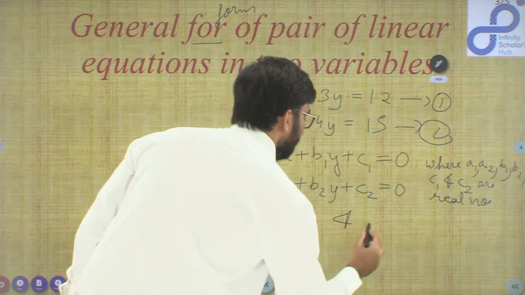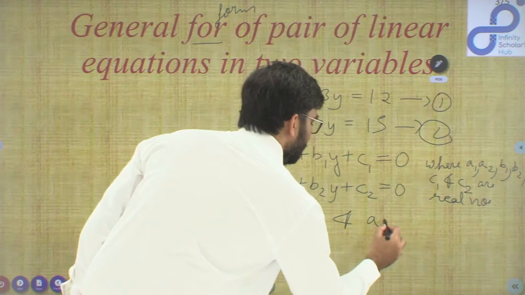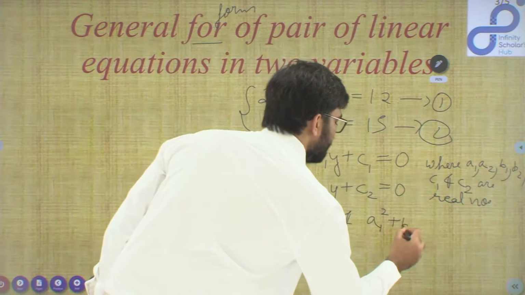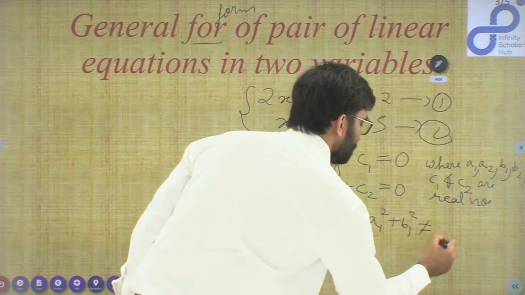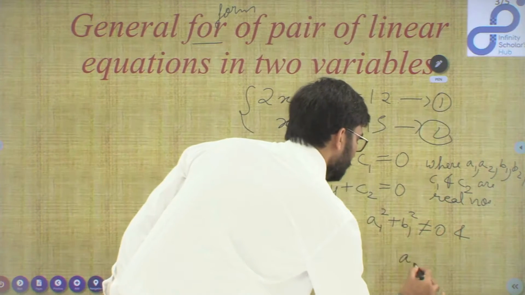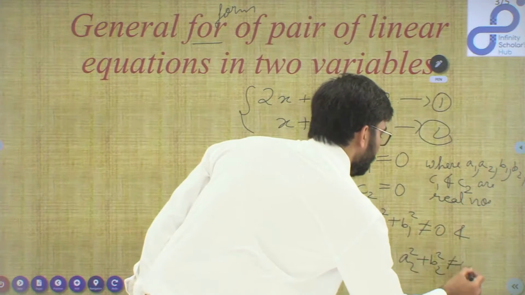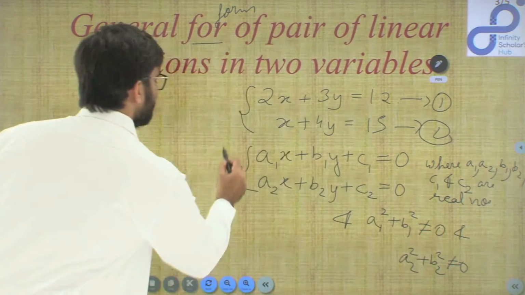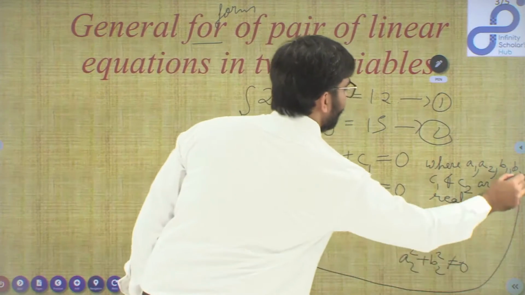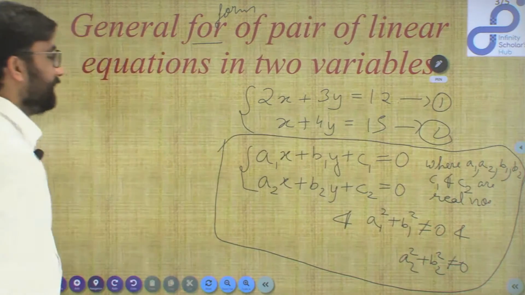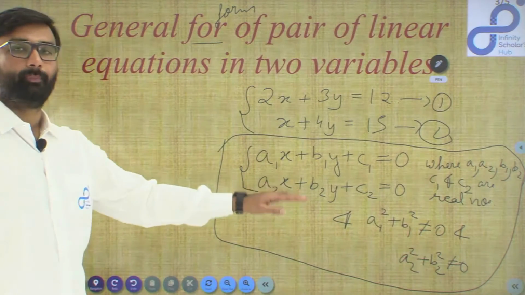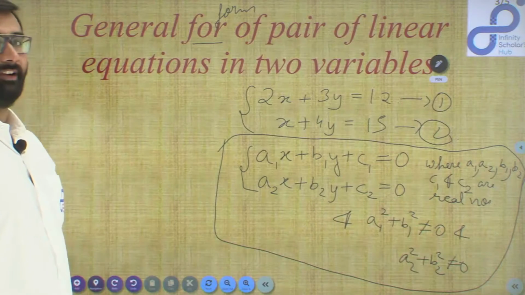And a1 square plus b1 square should not be equal to 0, and a2 square plus b2 square should not be equal to 0. So this whole thing we all should know very well, because this is representing the general form of pair of linear equations in two variables.